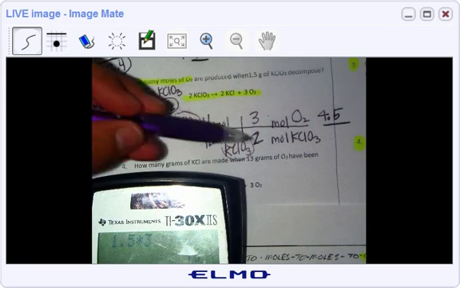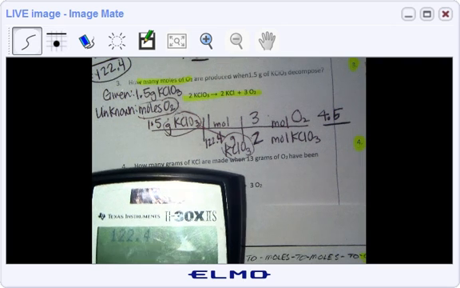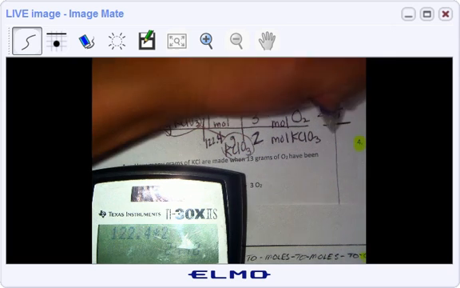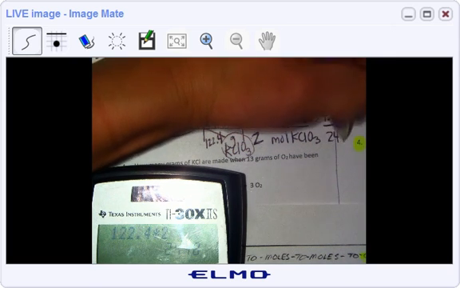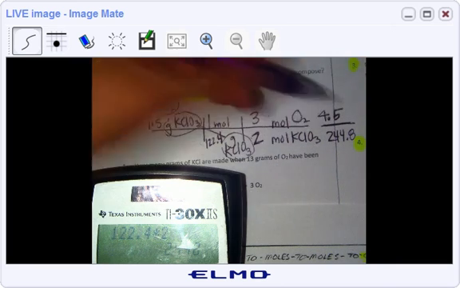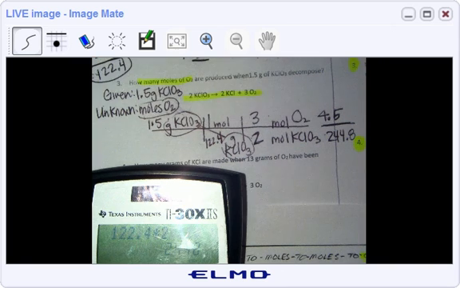I'm going to multiply these 2 on the bottom so I can consolidate and just get one number. Okay, so now I'm dividing 4.5 divided by 244.8.